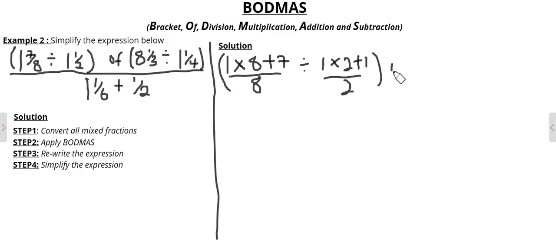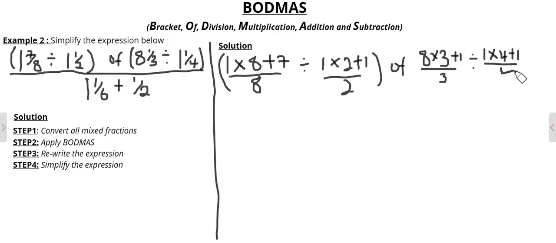So we have off here, and then we have 8 times 3 plus 1 all over 3, still divided by 1 times 4 plus 1, correct?